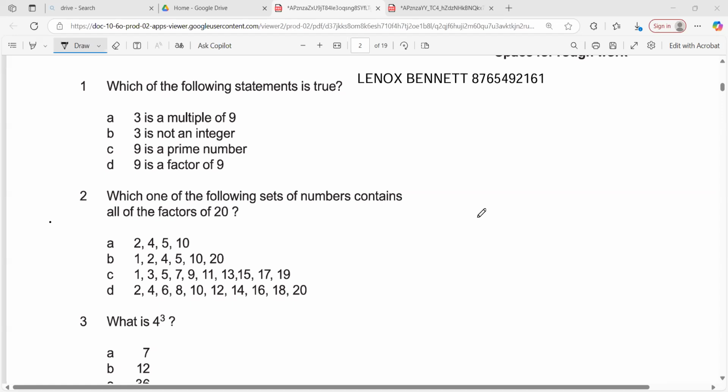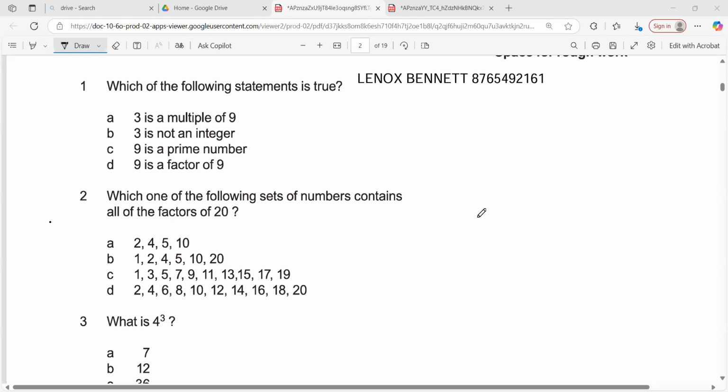Okay, so it says, which of the following statements is true? It couldn't be A, 3 is a multiple of 9, because 3 is smaller than 9. B says 3 is not an integer. That is not true because 3 is an integer.